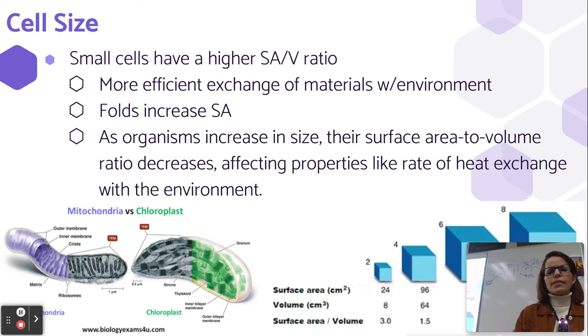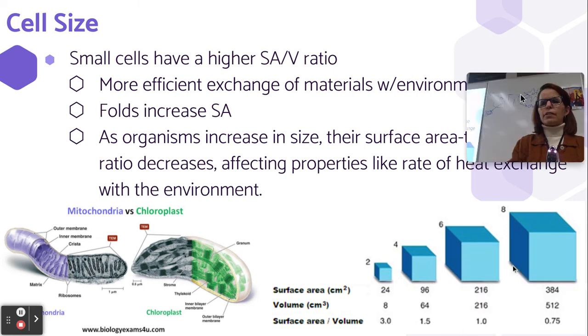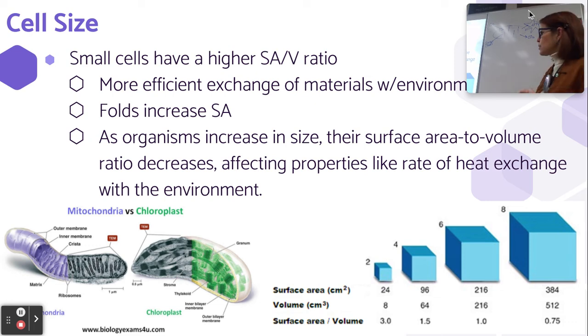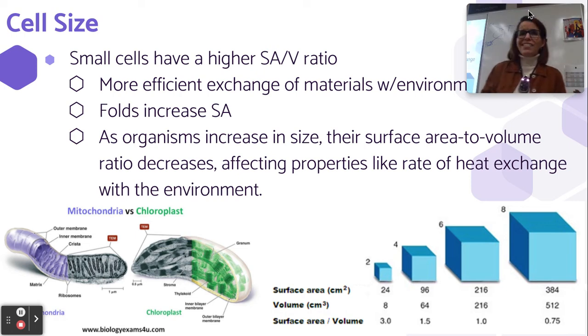All right, cell size. Remember that if a cell were to get big, it'll have a big surface area. I'm going to get my picture out of the way for this group right now. It'll have a big surface area. So if you look at it here on this diagram, the surface area to volume ratio is not very good. It's got a low surface area to volume ratio, and we want a high surface area to volume ratio.